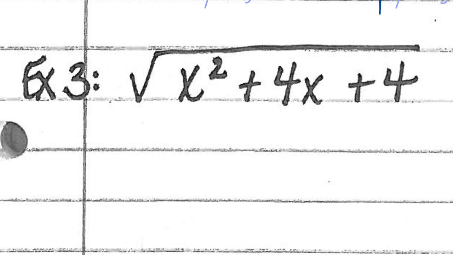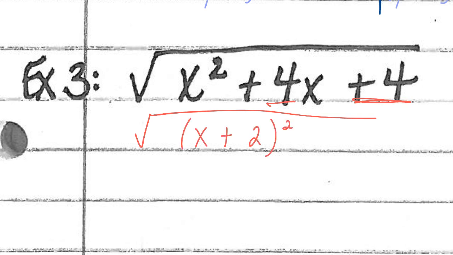We do have to factor first. The perfect square of this, the factors of 4 that add up to be 4 are 2 and 2. So we have x plus 2 quantity squared. Invisible 2 goes into 2 how many times? Good, one time. And because we have even, out pops an odd, we need to put those into absolute value.